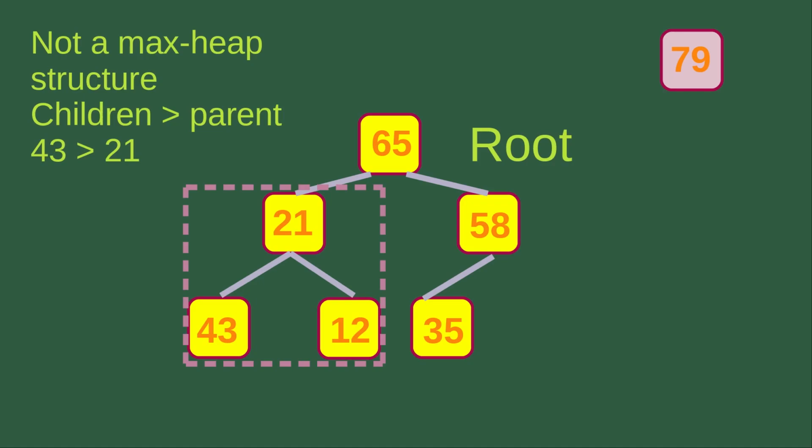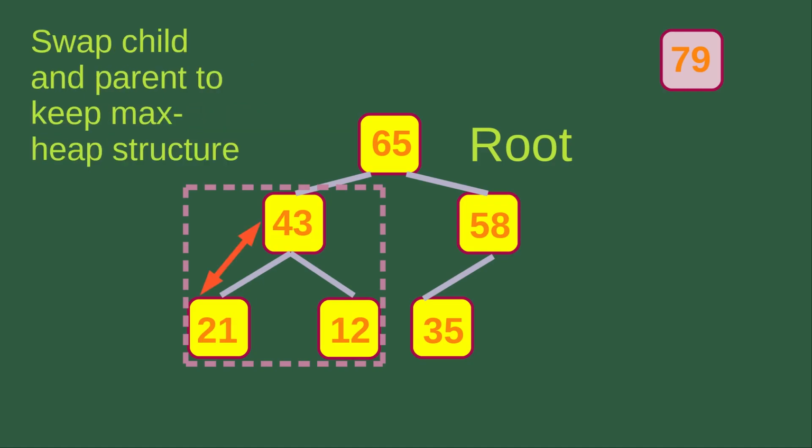So for this particular subtree, we see that the max heap structure is not maintained because the children can be larger than the parent. So now we have 43, which is larger than 21. In this case, we need to do the swapping such that the parent is still larger than the children. So we swap 21 and 43 to maintain the max heap structure.